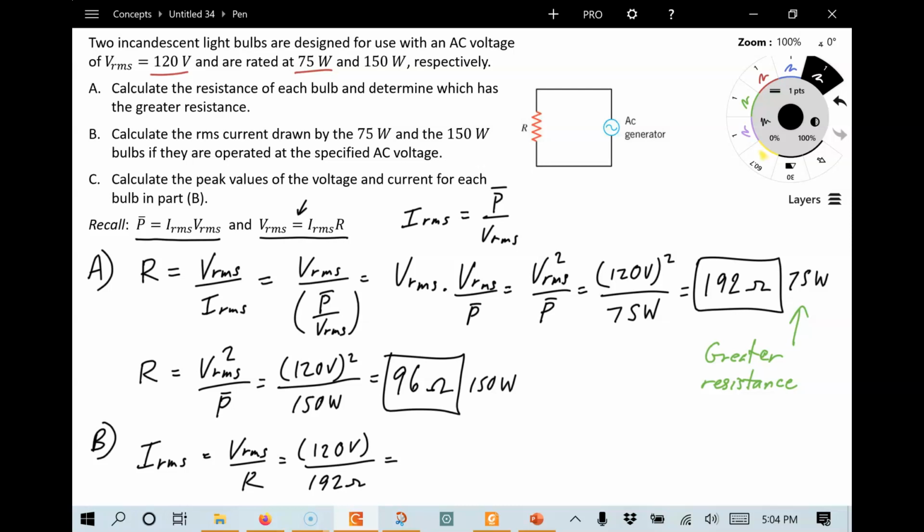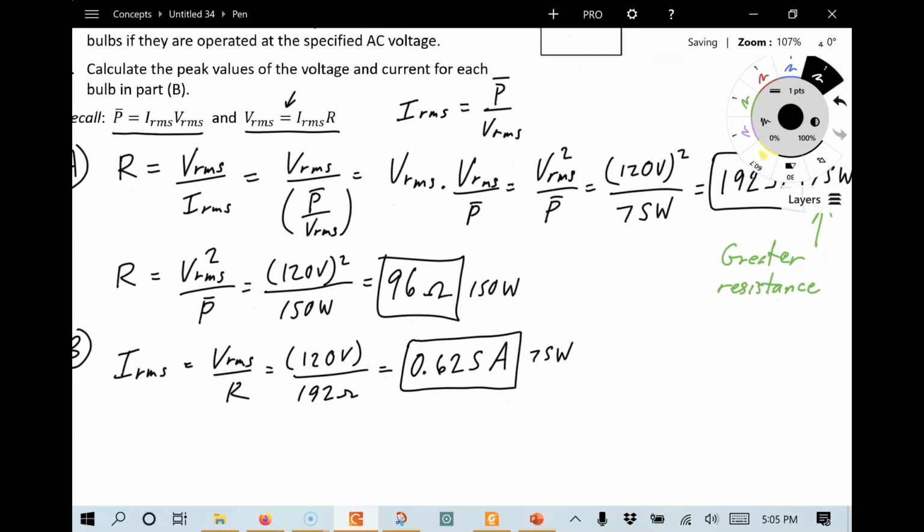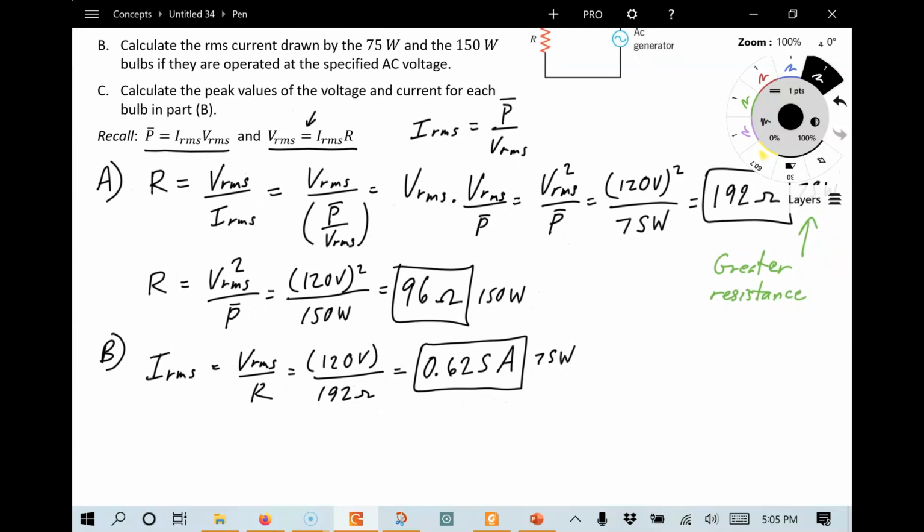Putting that into the calculator, we get a value equal to 0.625, and I know that I'm going to end up with amps here because I'm in SI units. So here's our value for the current that flows through the 75 watt bulb. Let's do the same thing for the 150 watt bulb. Same equation from Ohm's law.